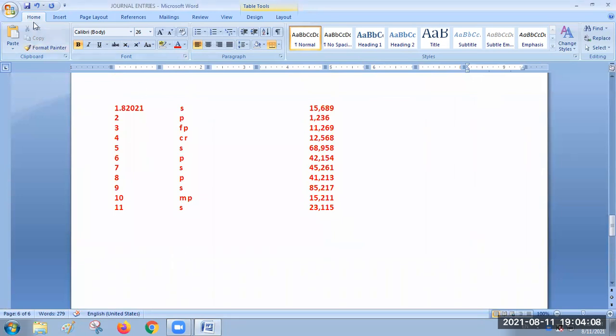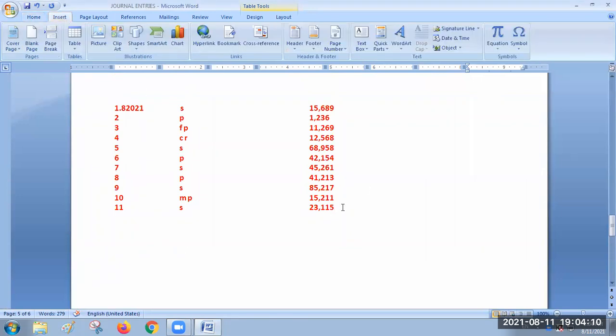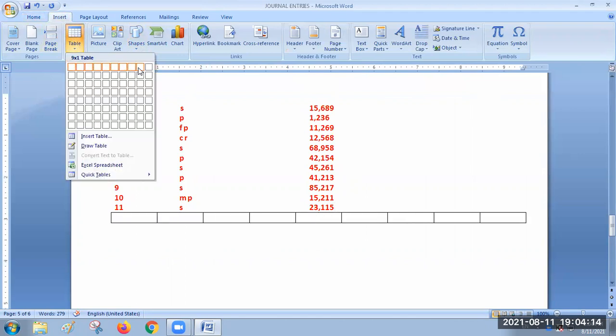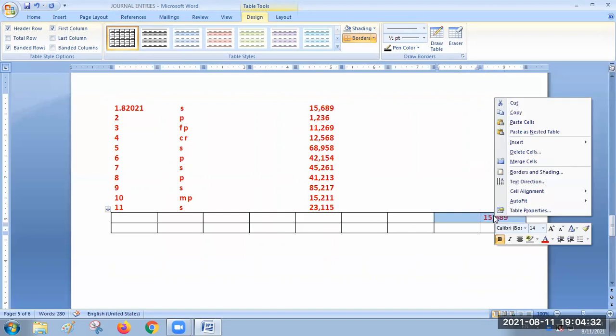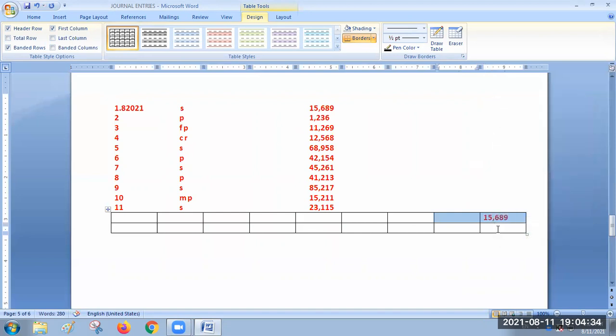Sales. Sir, in sales account, on the debit side, there is no amount now, sir.